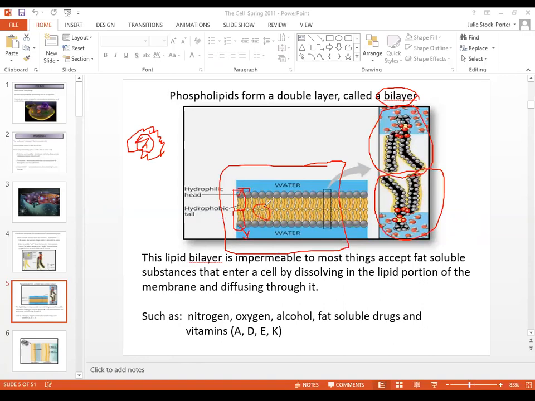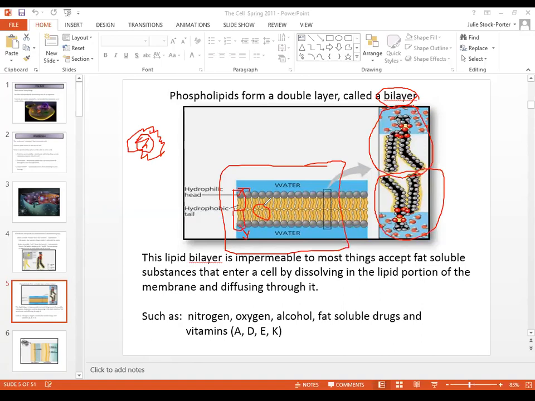See how they're tucked in the inside? They're not anywhere near water. This is why understanding the structure and functionality of the phospholipid becomes so important. It holds the membrane together. If we didn't have our membrane like this, then we wouldn't have any cells, because it wouldn't hold together.